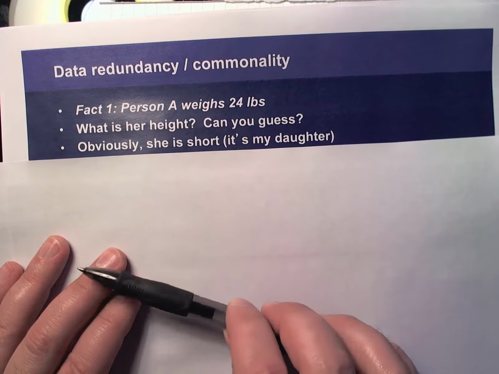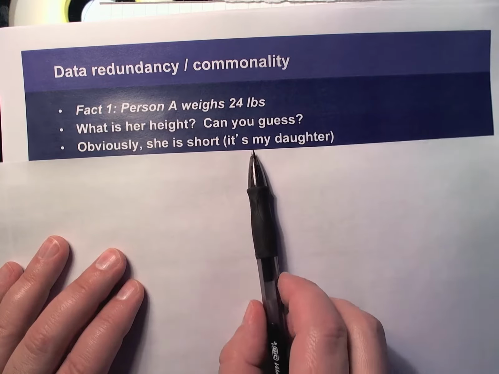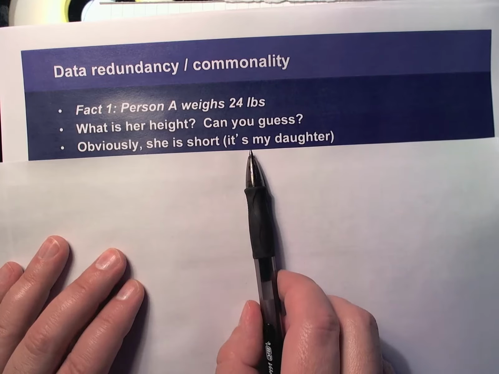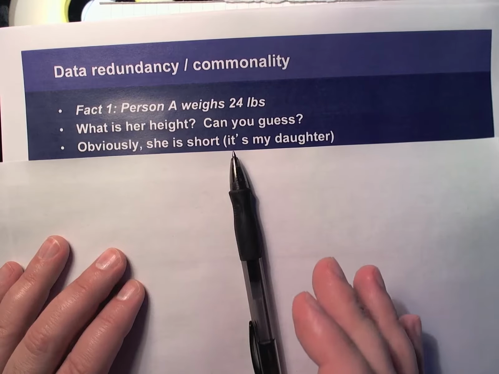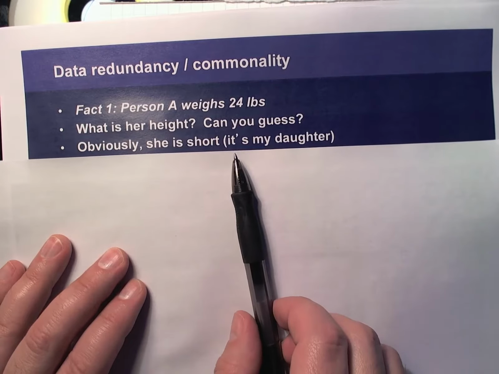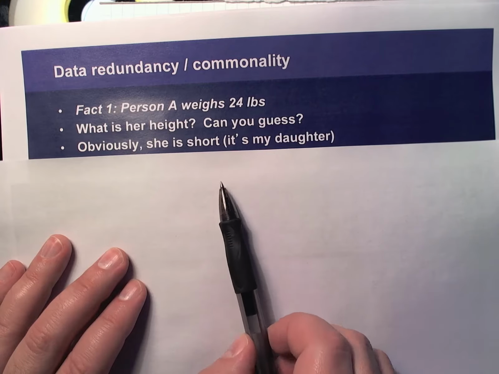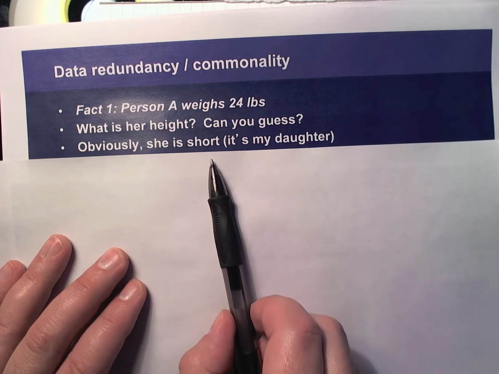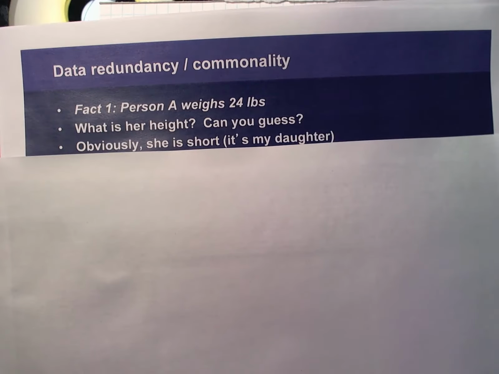If you know the height, you can guess the weight, because a very short person will tend to be lighter and a very tall person will tend to be heavier. And similar to the predictive coding that we described earlier, the linear prediction stuff, the fact that we can predict one from the other means we should be able somehow to compress this.